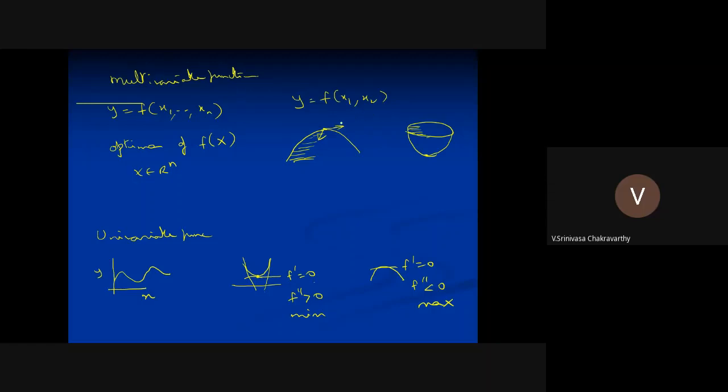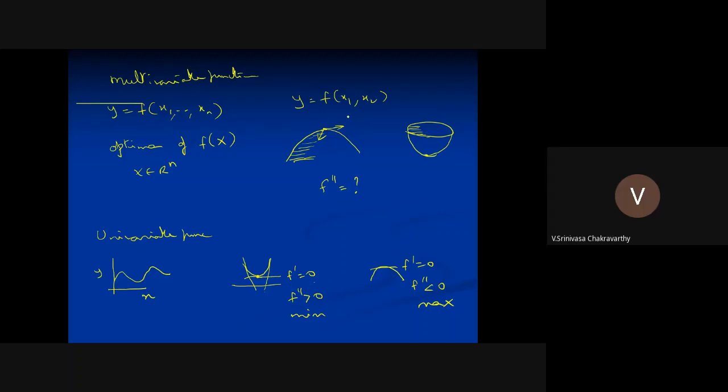But how do you find out whether it is a minimum or a maximum? What is the equivalent concept of the second derivative? Because if it's an n-dimensional vector, you'll have n first derivatives. But what is the equivalent of a second derivative? It won't be n second derivatives. It will be something more complicated than that.